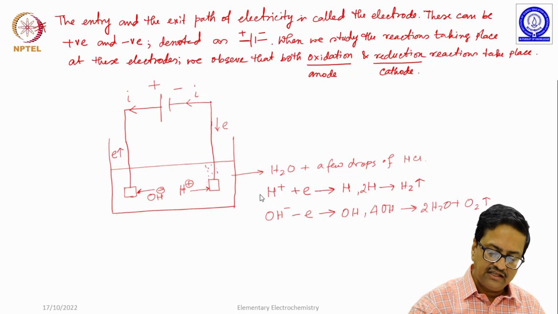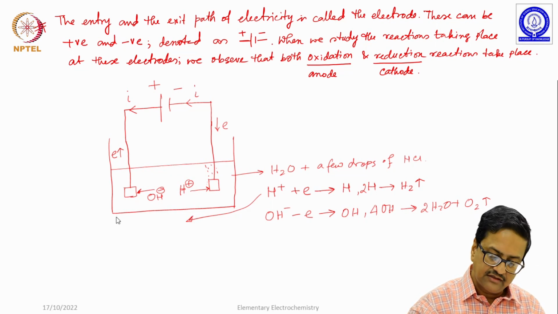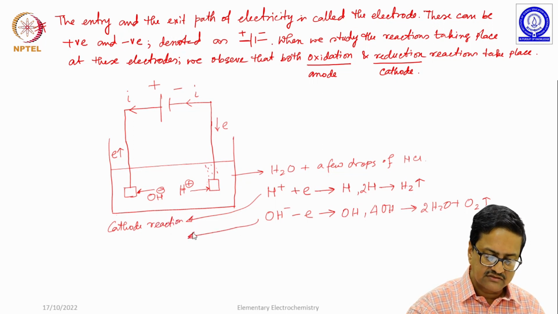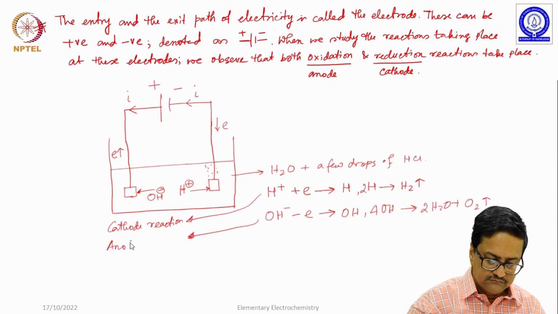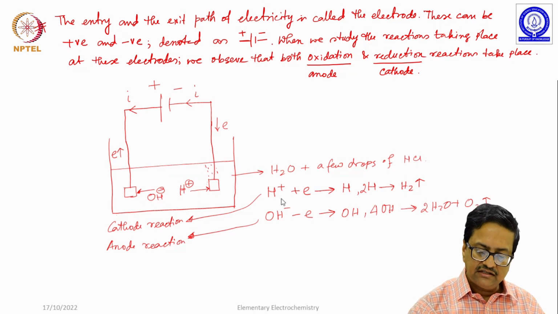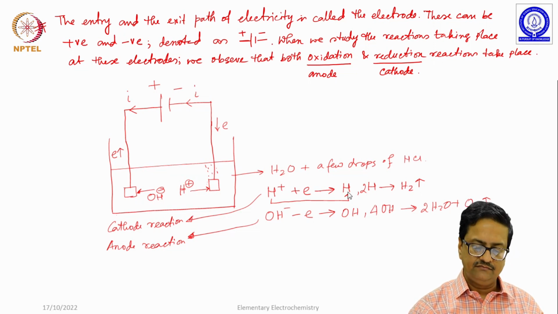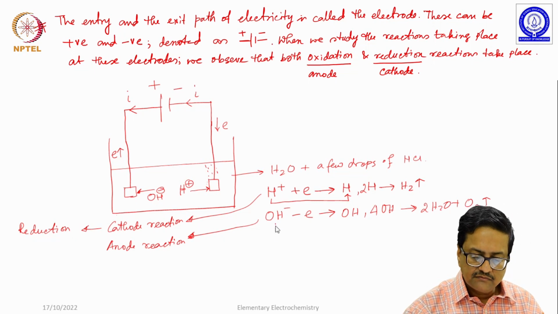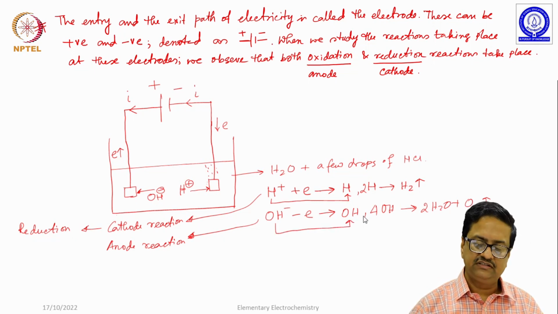This first reaction is called the cathode reaction, and the second reaction is called the anode reaction. So now if you look at these two reactions carefully, you see that in the cathode a reduction has taken place, and in case of anode, an oxidation has taken place.